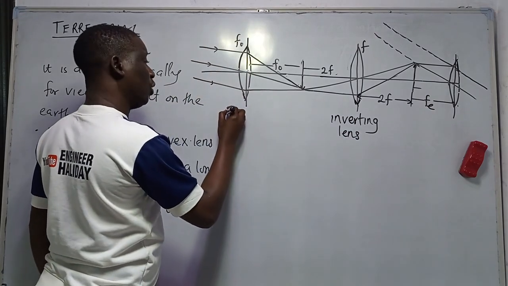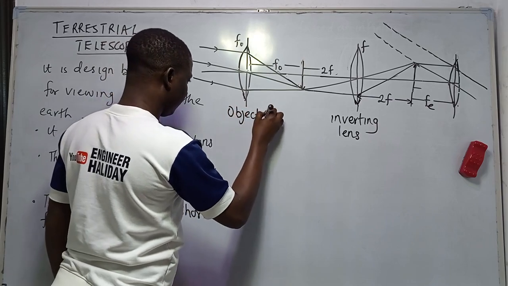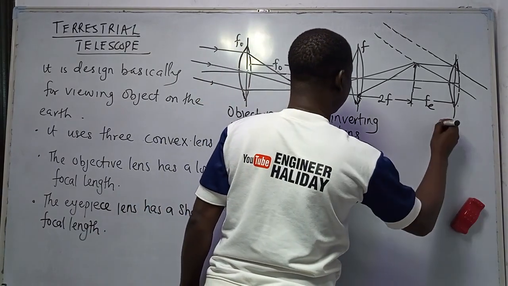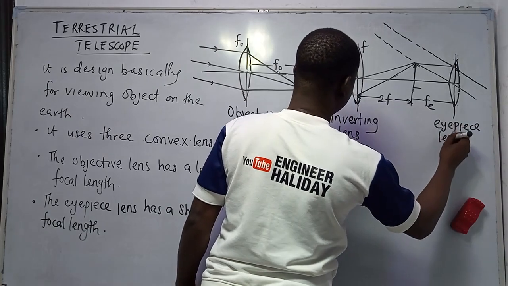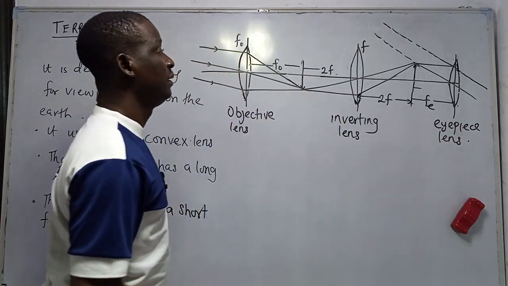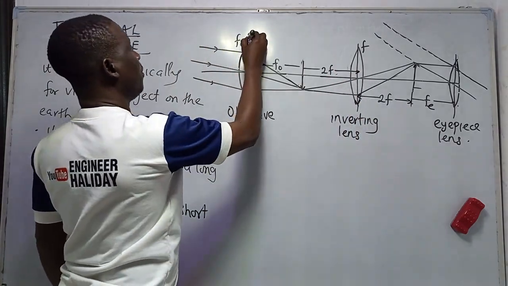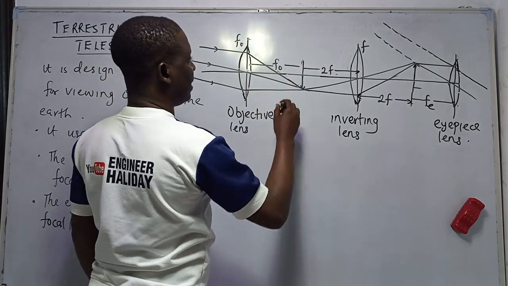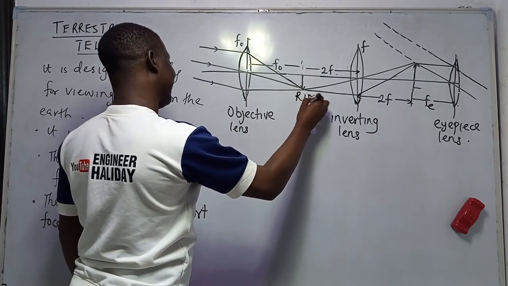This one is what we call the objective lens, while this one is called the eyepiece lens. The length from here to here is f naught, which is where the image is formed. So the image here is real, inverted, and diminished.